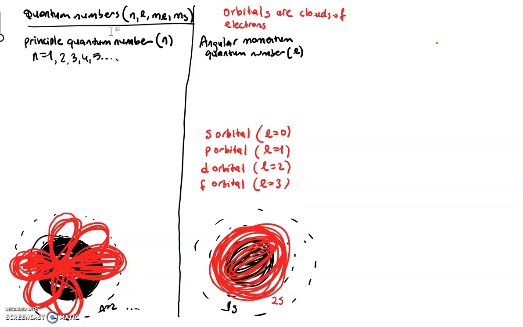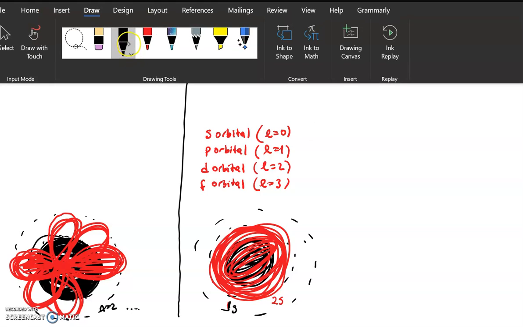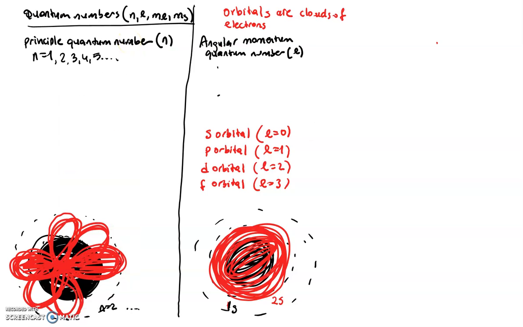So what kind of orbitals or what kind of shapes can we expect in every shell? The answer is here. Principal quantum number n: L can be 0, 1, 2, up to n minus 1. What does that mean? If you have n equals 1, you can have up to n minus 1, so it's going to be L equals 0.